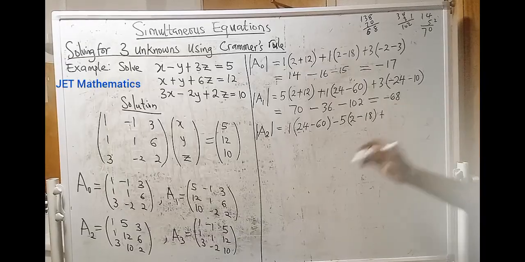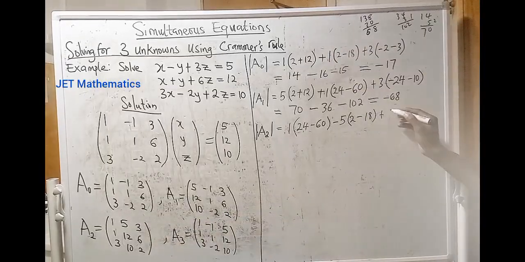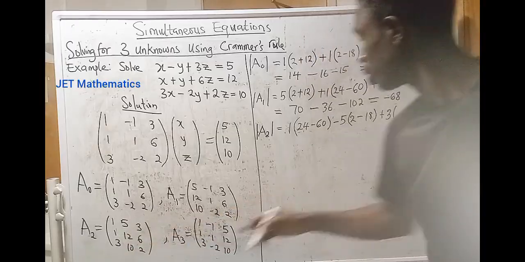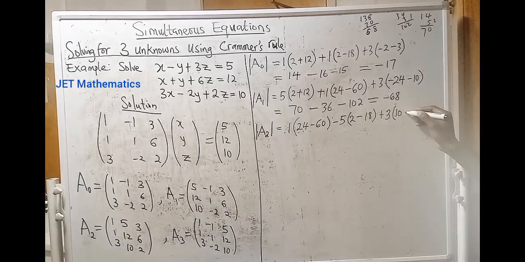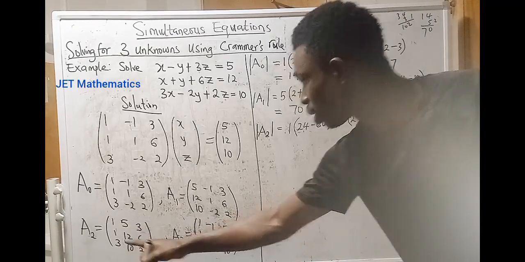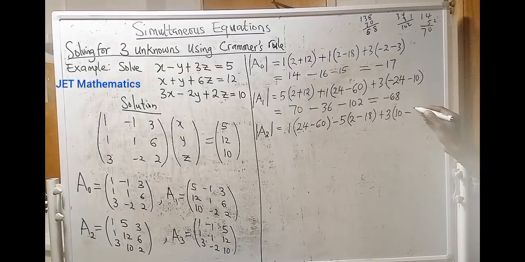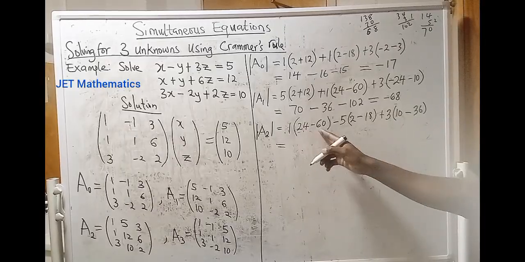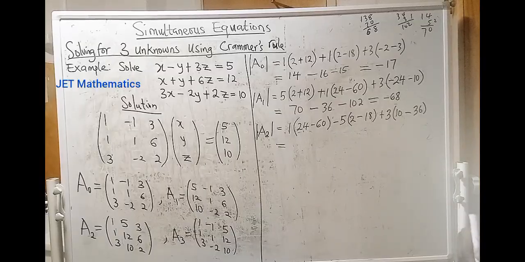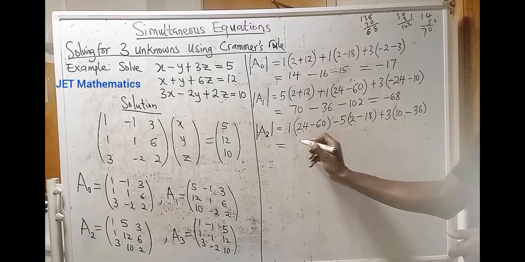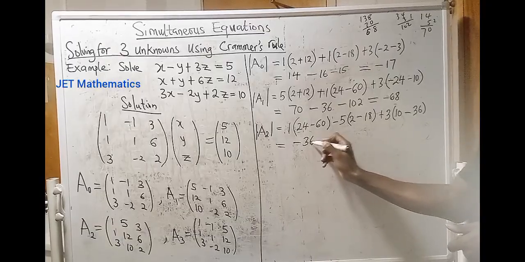Now we have plus, here we have 3, into 10 times 1 is 10, minus 3 times 12 is 36. So when we simplify this, we are going to get minus 36. Minus 36 times 1 is minus 36.